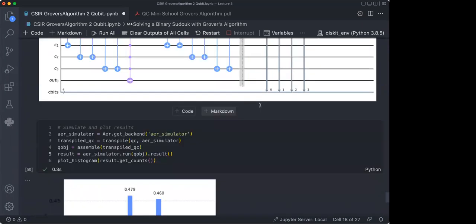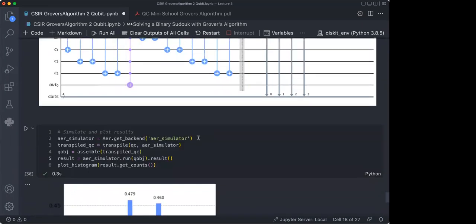So to run this circuit, we're going to use the Aer simulator. And to use the Aer simulator, you can just do Aer.get_backend Aer simulator. And we're actually going to transpile the circuit. Transpilation in Qiskit simplifies your circuit, taking into account a certain number of parameters.